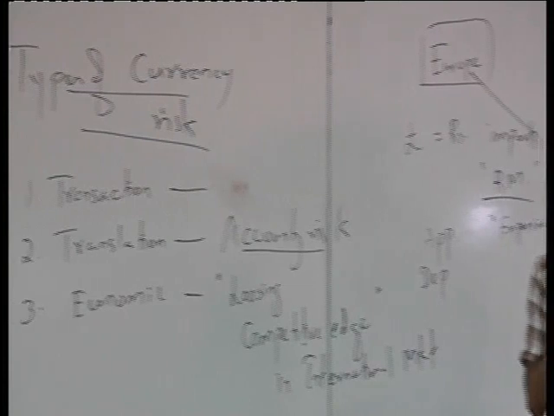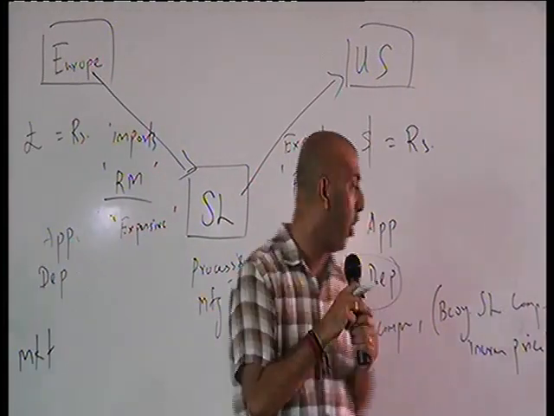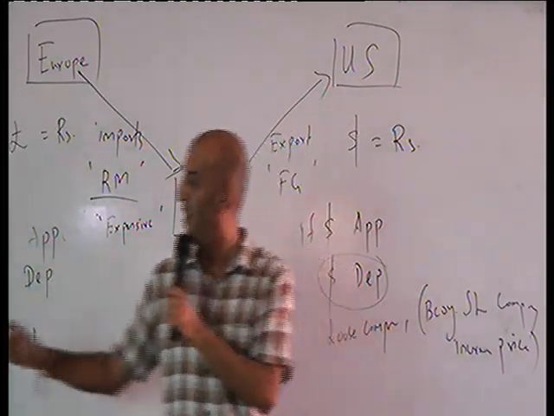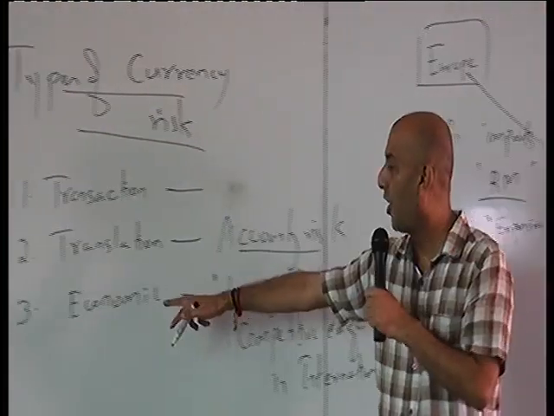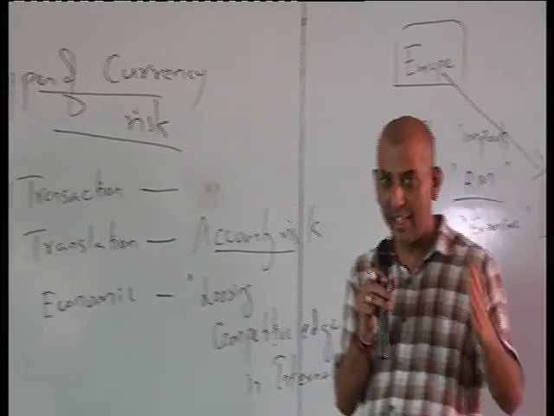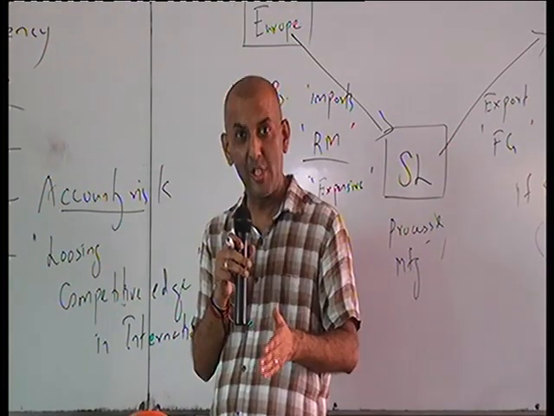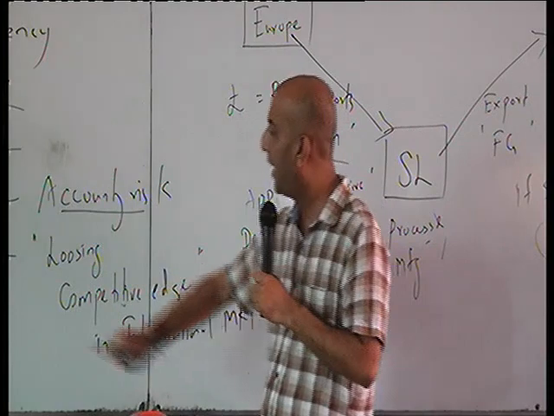So please note, in both cases, sterling pound appreciation or dollar depreciation, we lose competitive edge. This is called economic risk. Exchange rate movements impacting us to lose competitive edge is called economic risk.